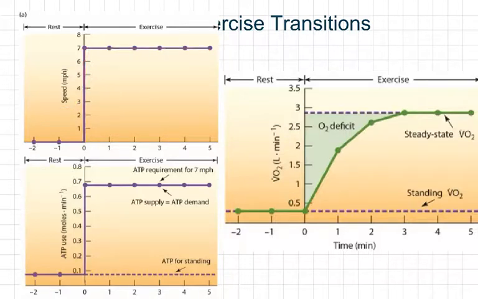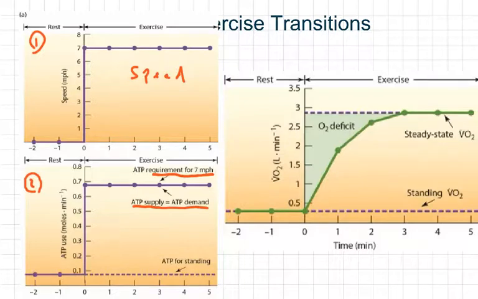And so here on this first graph, we're depicting speed on the treadmill. Here on the second graph, we're showing ATP supply and demand, or basically the ATP requirement at running at 7 miles per hour.